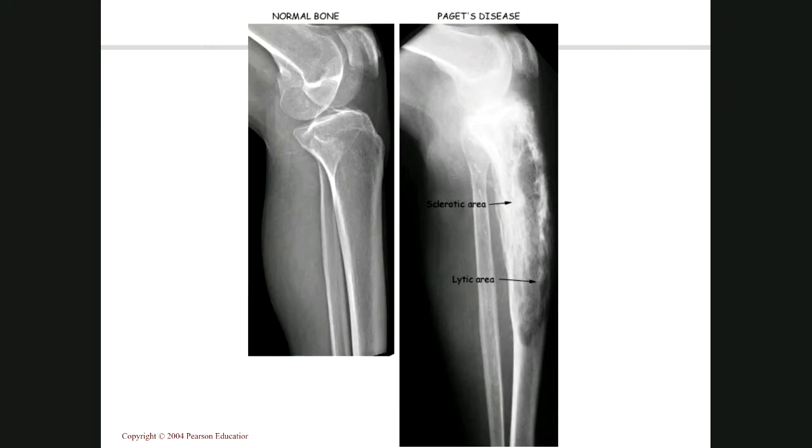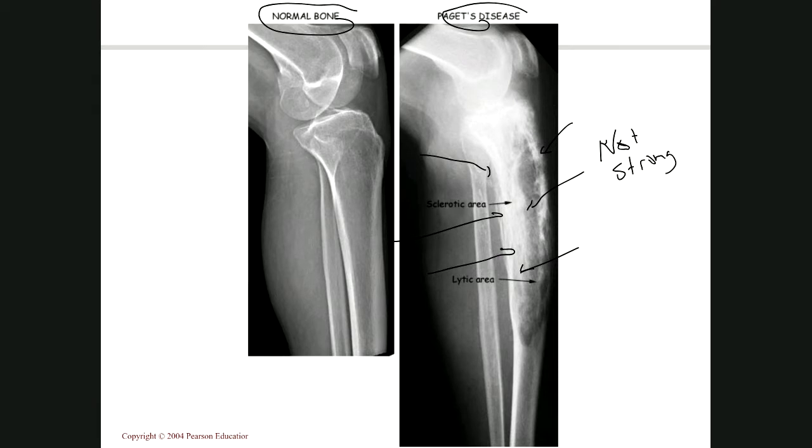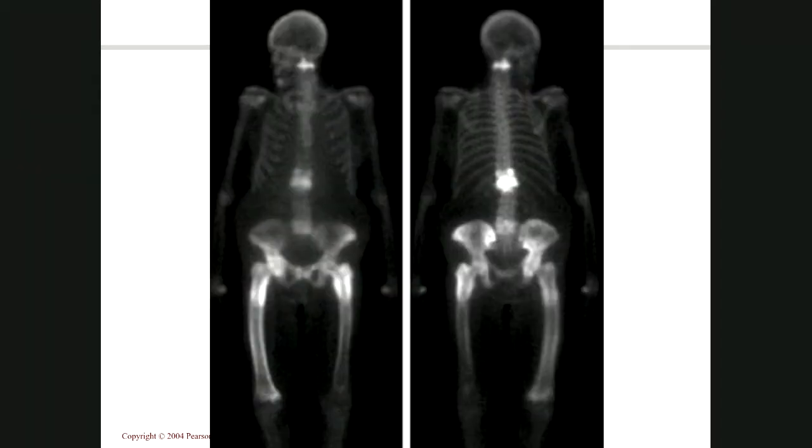So look at this. There's normal, but here's Paget's disease. Look at all that bone, extra, extra bone. But does it look very strong? It's not strong. There's a lot of bone here, but it's weak bone. If you look here on this x-ray, this is a whole body scan.